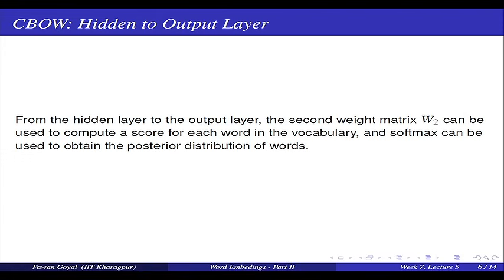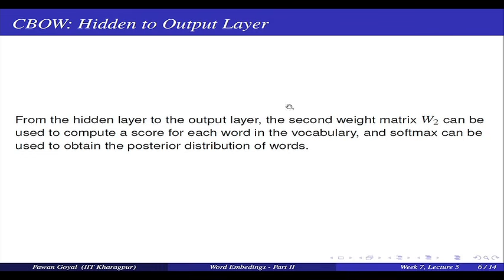Now what happens from hidden to output layer? Remember, we have a second weight matrix W2 that goes from hidden to output layer, and its dimension is n cross v. The hidden layer dimension is 1 cross n. So if I multiply this 1 cross n matrix with this n cross v matrix, I will get a 1 cross v matrix, and that is my output layer.